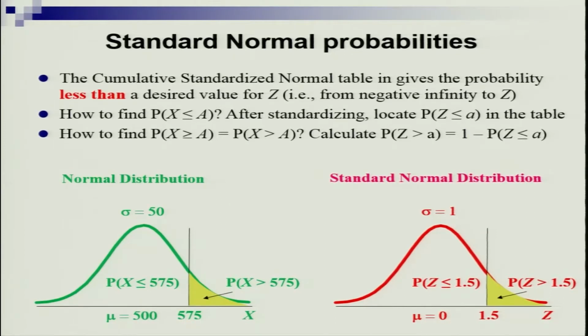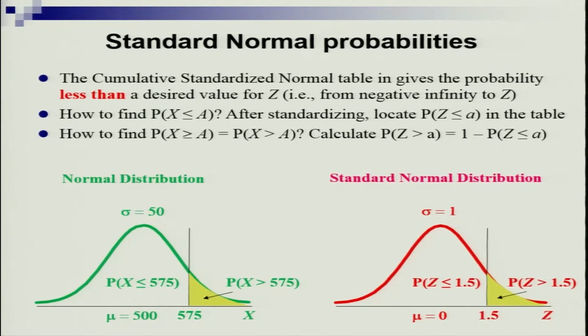So we have to first standardize the variable, and not only the variable but also the arbitrary chosen score, and then we rewrite this probability expression as the probability of z less than or equal to small a. So how is small a derived?